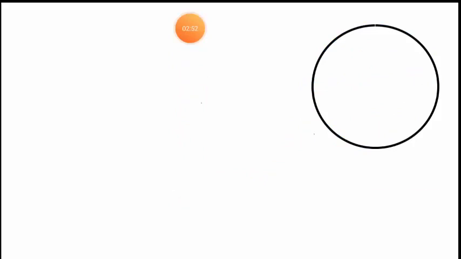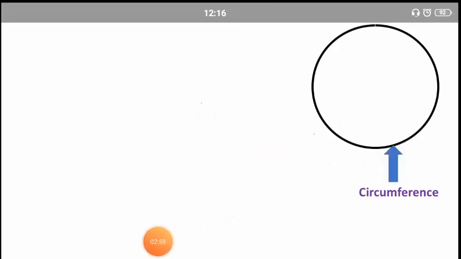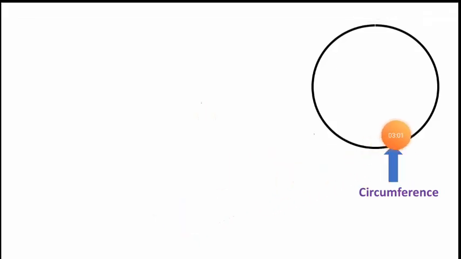Now children, here comes another term, circumference. This is the length of the boundary of a circle.